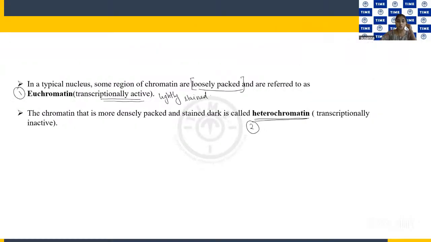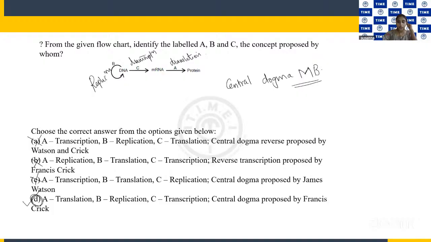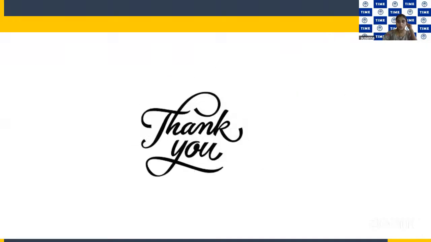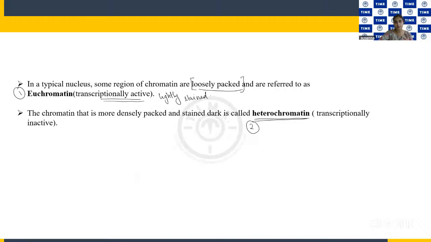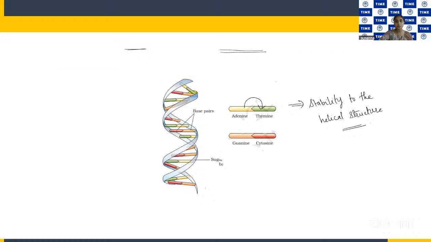Then the euchromatin, heterochromatin, everything. So I hope the session was clear to you. In this session, we dealt with the structure of the DNA, the polynucleotide chain, the polarity, the different components of deoxyribonucleotides, everything. I hope everything was clear to you.